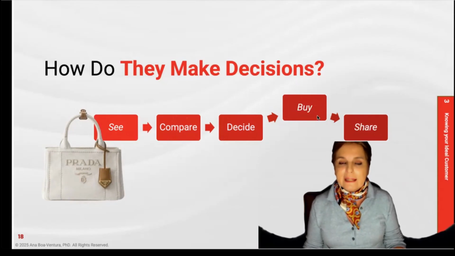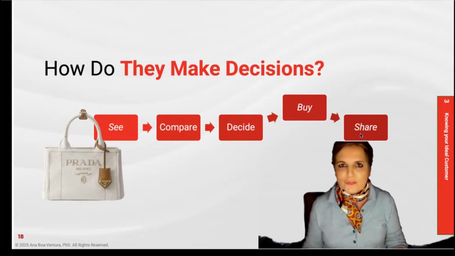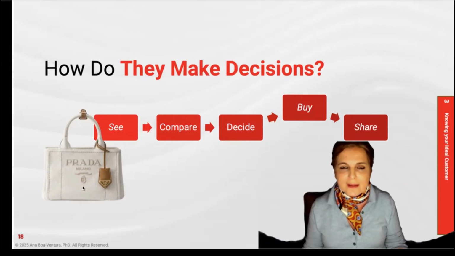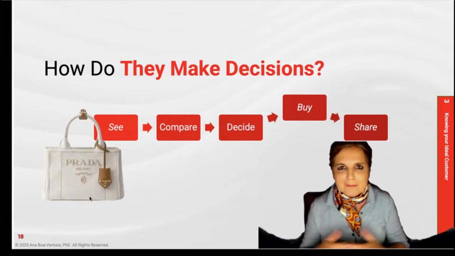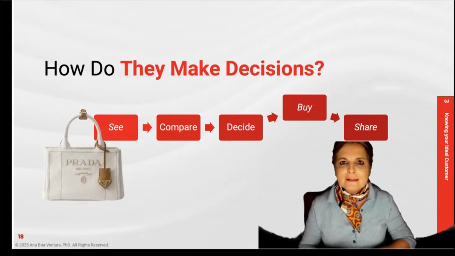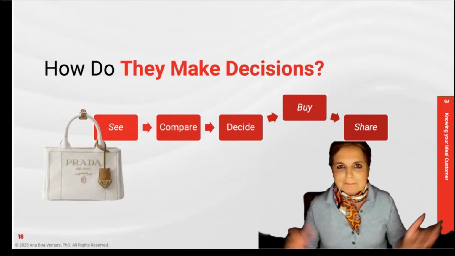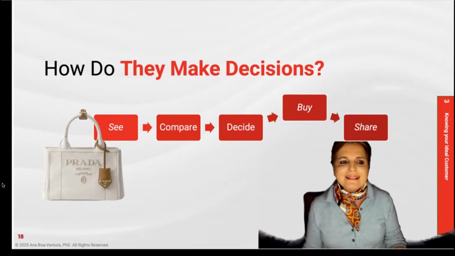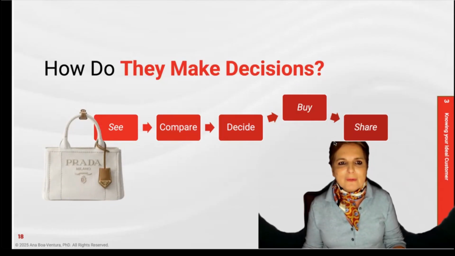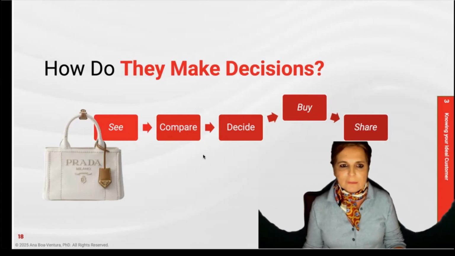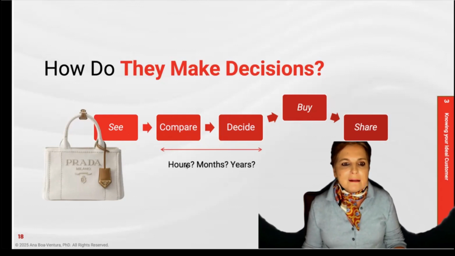And if they're really happy with what they bought, they will probably share with others. They'll post photos wearing this bag on Instagram. They will rave about it on reviews on Google, etc. Right? So this is not a very quick process, or it may not be a very quick process. It may take hours, months, and even years.